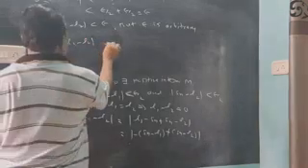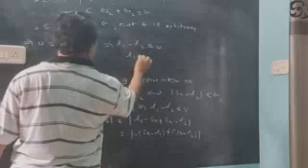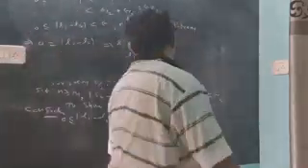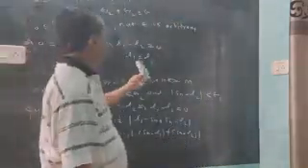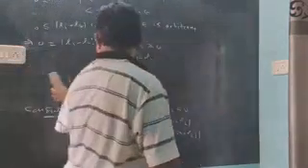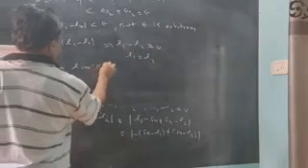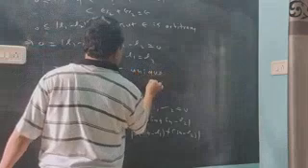Mod equal to 0 means the term is 0, so L1 equals L2. Mod of 0 is 0. So we assumed two limits and finally showed they are equal. Therefore, the limit of this sequence is unique, one and only one.